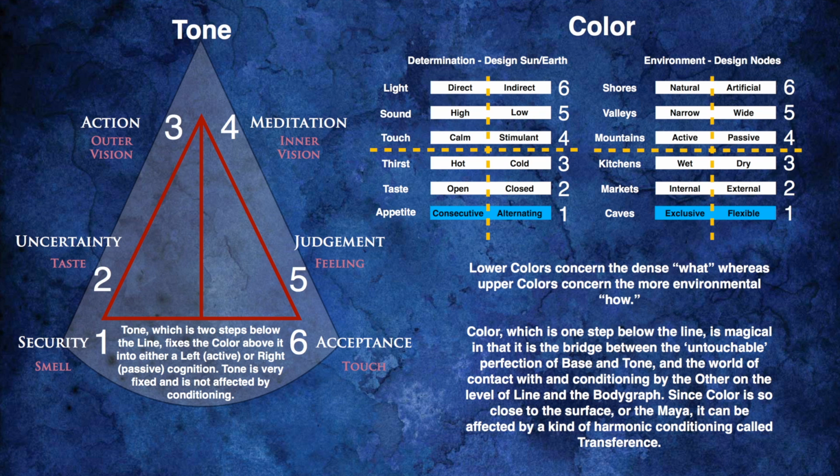And it is so important for a first color to understand the nature of appreciation, of what they're getting into, what they're paying attention to. And if it's a left fixed first color, if they have a first, second, or third tone underneath that first color, then it's consecutive, meaning really one thing at a time. Really one thing at a time.